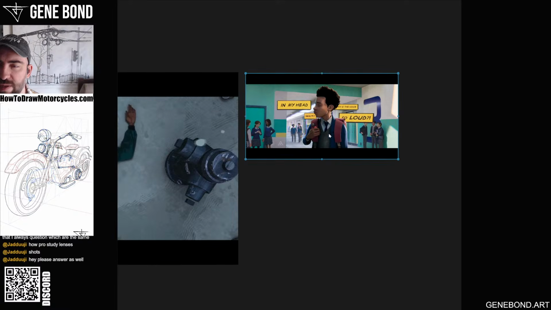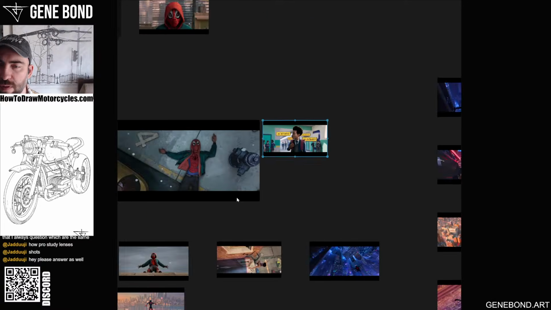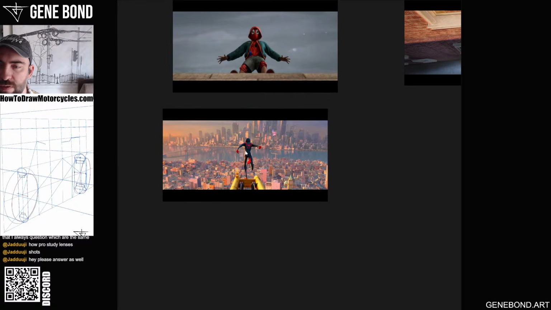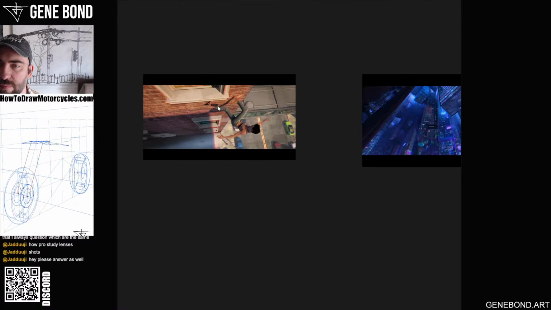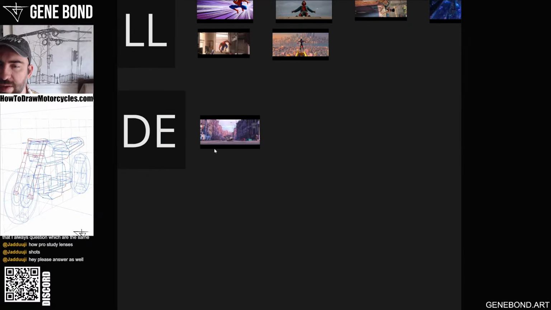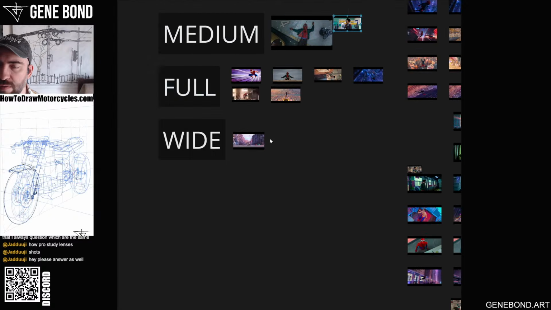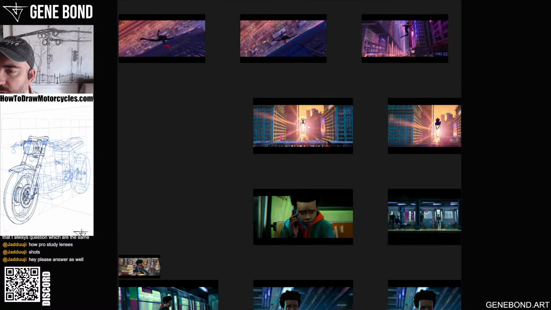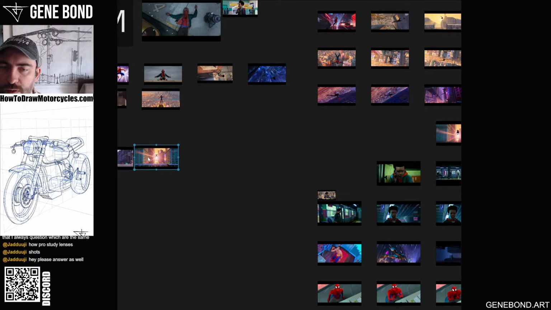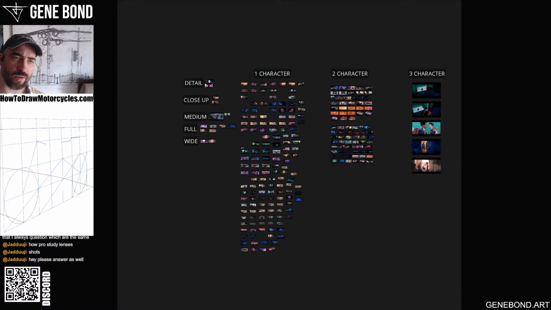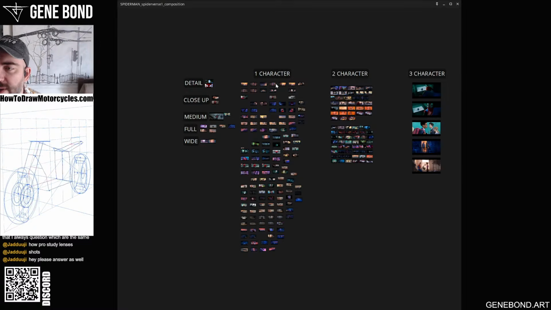Knee can be a waist shot. The full size is when the full character is in the frame. And wide is like this one: the character is small, and it's mostly about environment. Also this one is a wide shot. So within the category of one character, we can make this subdivision into frame size.